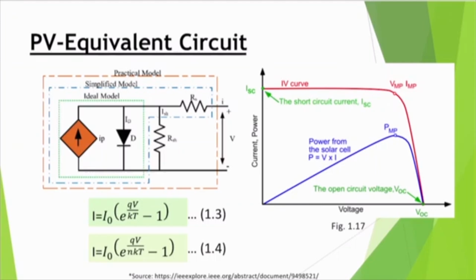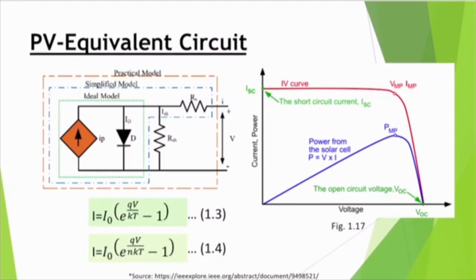There are two things we need to focus on here. The x-axis represents voltage, and the y-axis represents current as well as power. So I can represent the whole relationship, current versus voltage as well as power versus voltage.